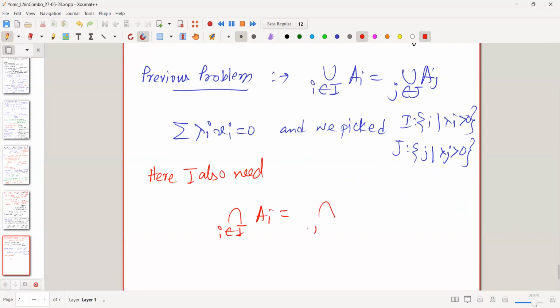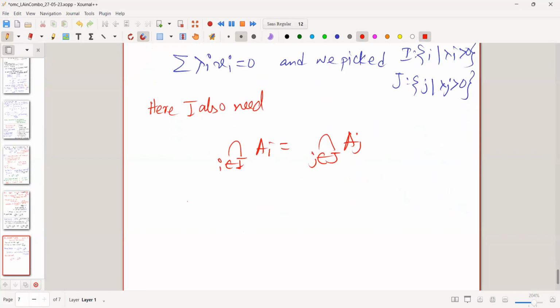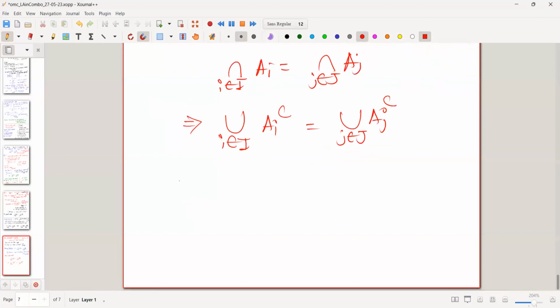Let me write this: this is equivalent to saying the union over i in I of A_i complement equals the union over j in J of A_j complement, right?